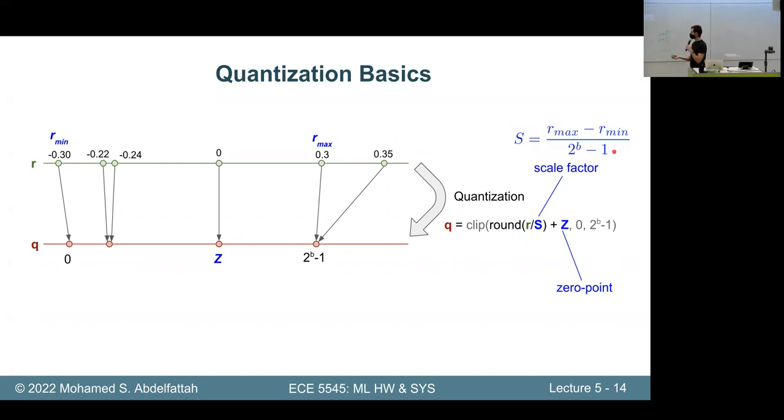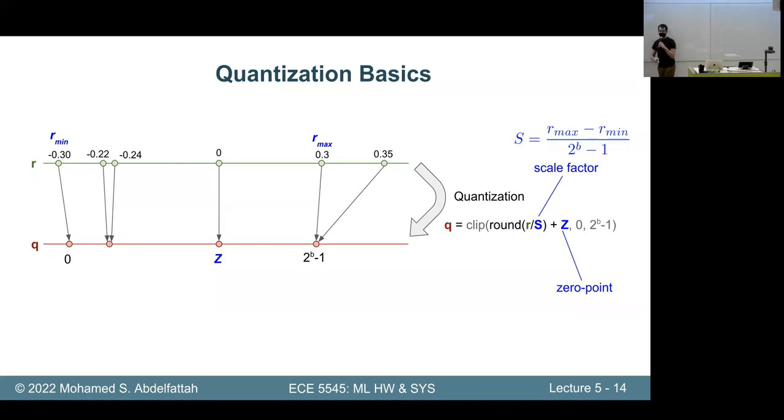So what am I doing here? I'm doing 0.3, that's the largest number, minus negative 0.3, divided by the number of bits. Let's always use 8 bits as our example, so it has 256 levels. I think this is supposed to be 255, but it doesn't really matter. So that's 0.6 divided by 255, and that's my scale factor.